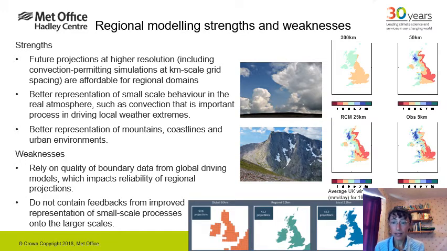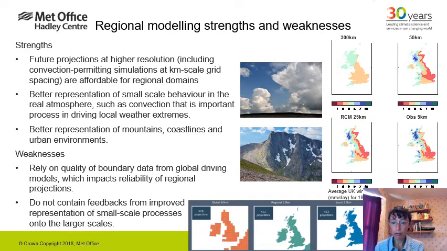The figure here on the right-hand side is just illustrating how much better we can represent rainfall across the UK, for example, as we go down in model resolution from 300 kilometres all the way down to where we are now at about 5 kilometres or less. And you can see you can capture heavy rainfall over mountains and the rain shadow effects across the UK in much better detail.